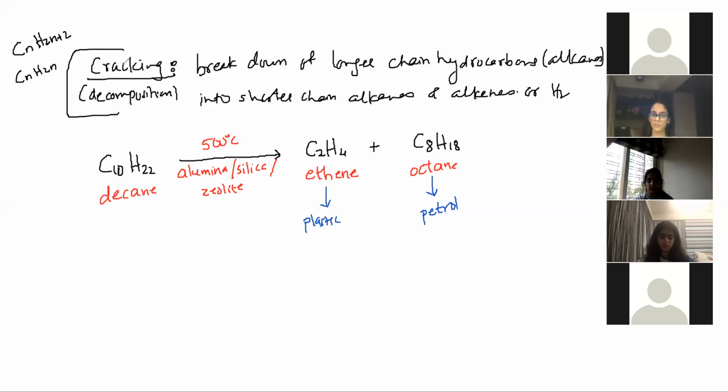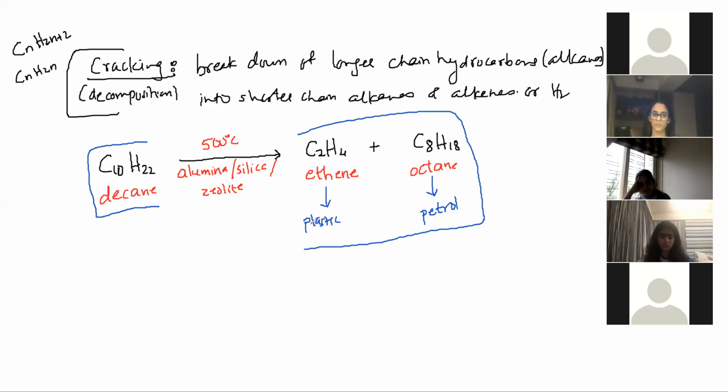So what I did here in cracking, the purpose of cracking, why do we need to do this? If I have a fraction which is not so useful, I can convert it into fractions which are very useful or high in demand. So a less in demand fraction can be converted into high in demand fractions. That's the purpose of cracking. Cracking only happens to alkanes, not necessarily, but the cracking that we have will only include questions involving alkanes.